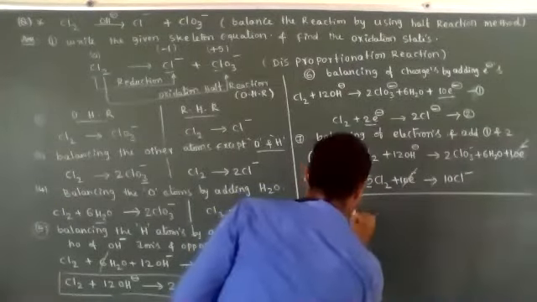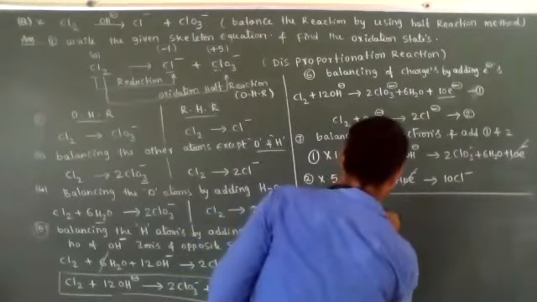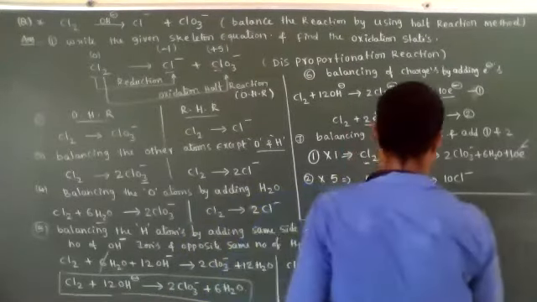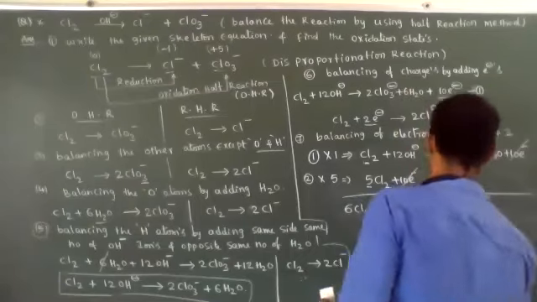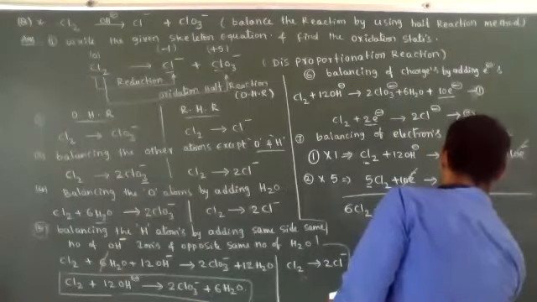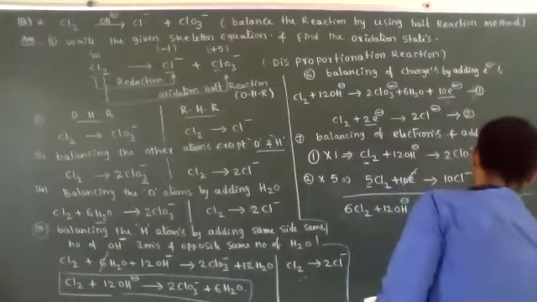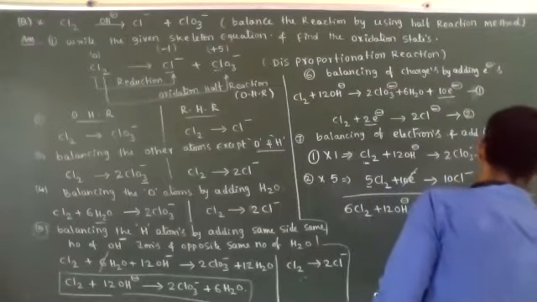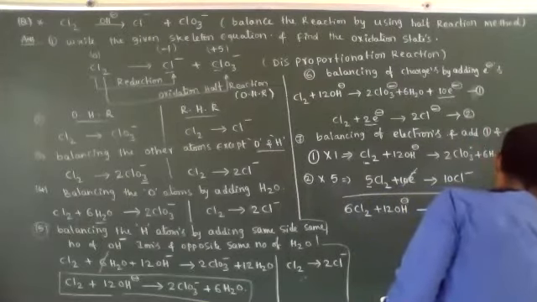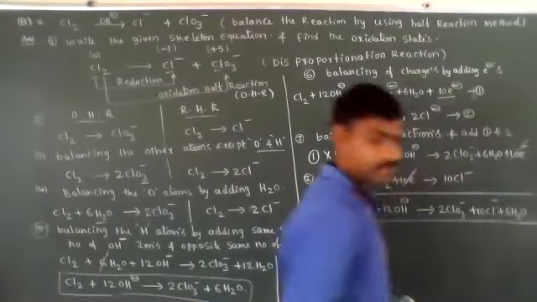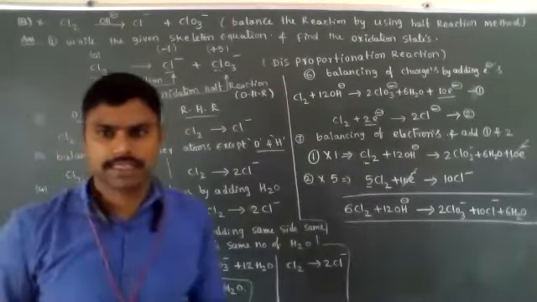See, 6Cl2 plus 12 OH minus converted into 2ClO3 minus plus 10Cl minus plus 6H2O. This is the balanced equation.